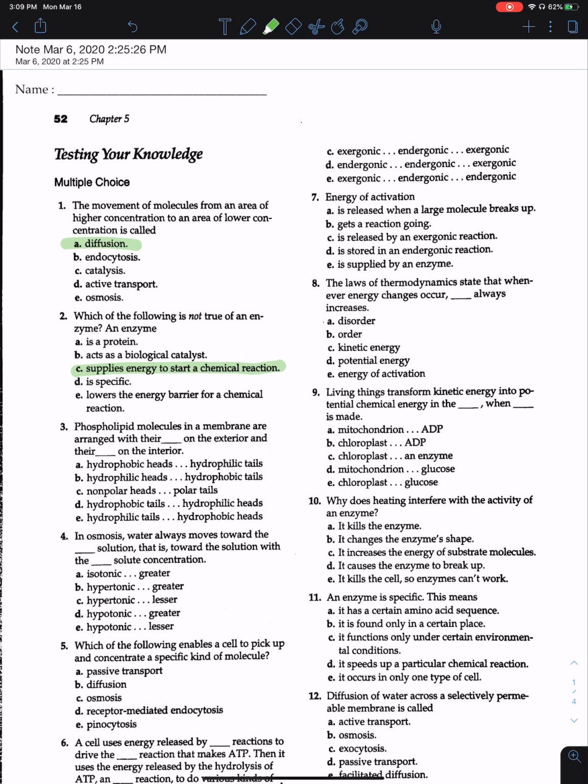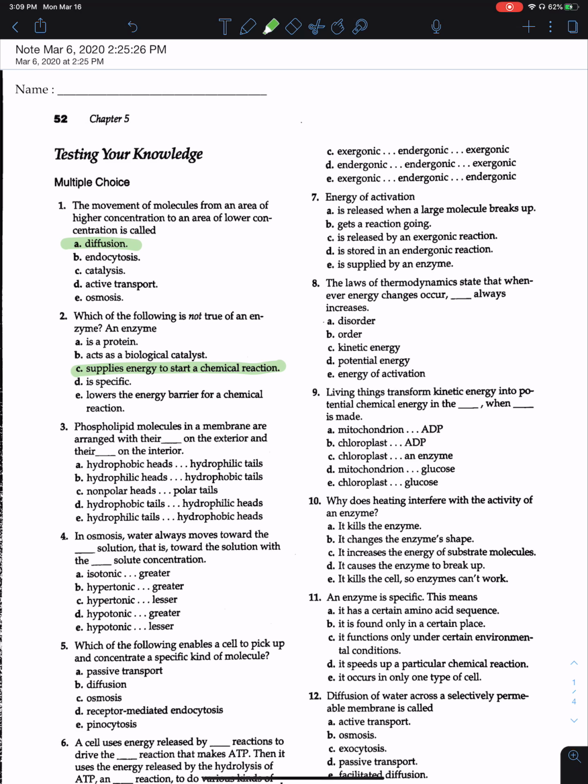It can act as a biological catalyst, meaning it can speed up a reaction, right? It is specific, meaning an enzyme causes one thing to happen. And it can lower energy for chemical reactions, which we haven't really talked about too much. Basically, getting any chemical reaction to happen in your body requires energy, and what an enzyme can do is lower the amount of energy that's needed, right? So C is the correct answer here.